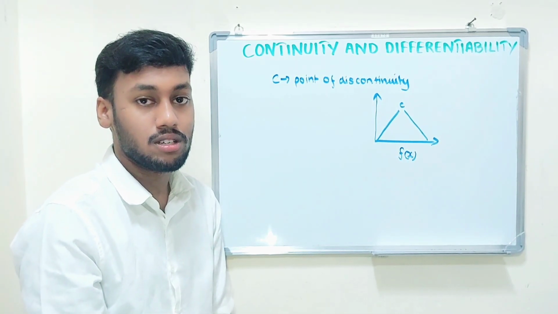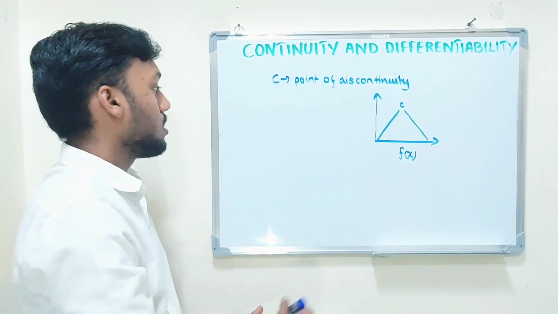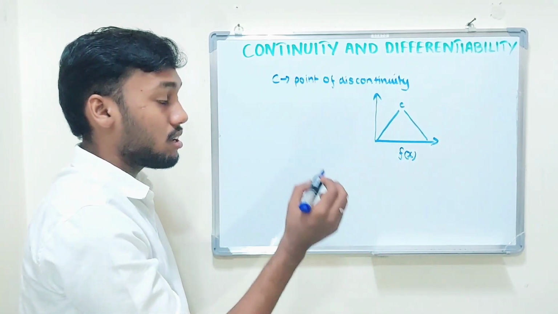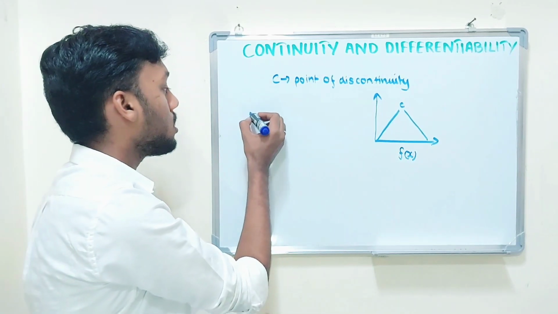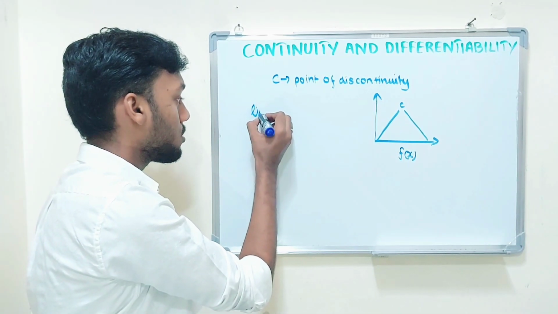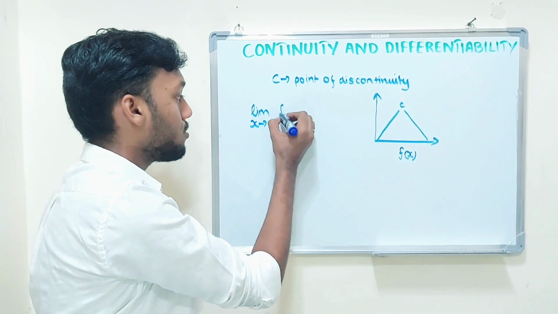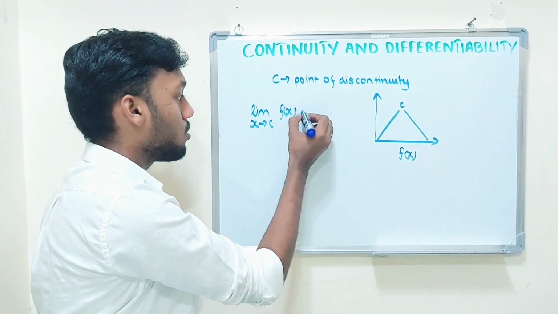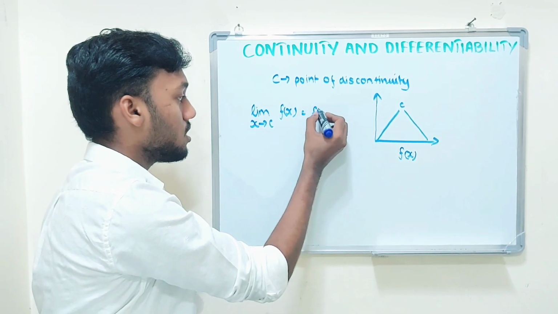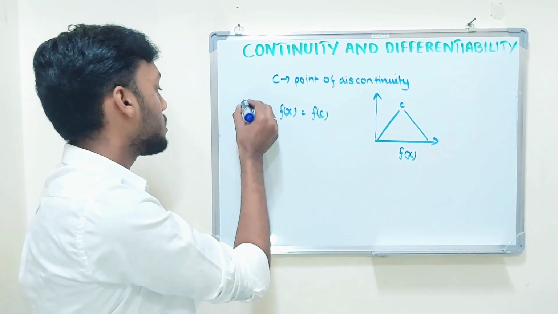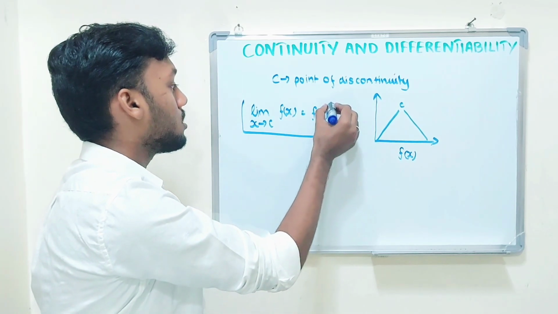By a mathematical equation. We can prove that a function is said to be continuous only if it satisfies this equation: limit x tends to c, f of x equal to f of c. This is the condition to satisfy continuity.